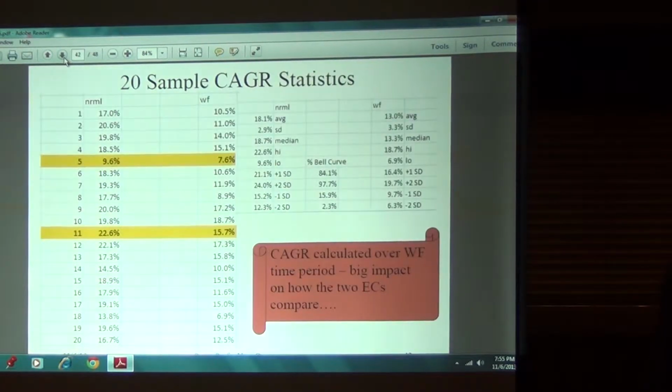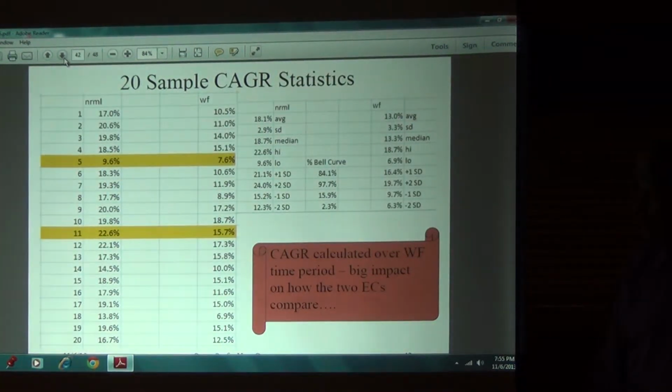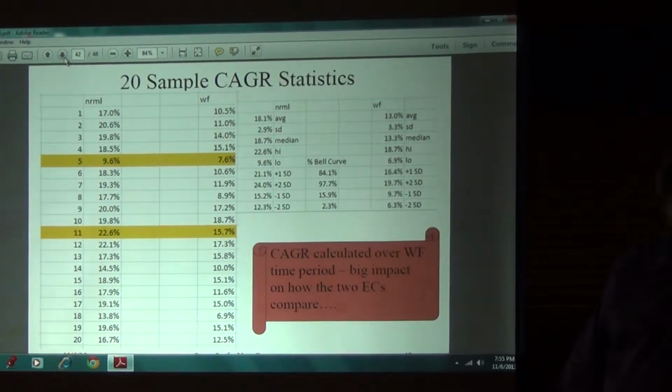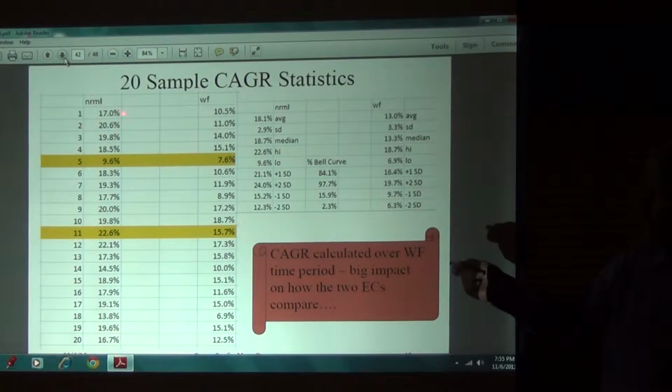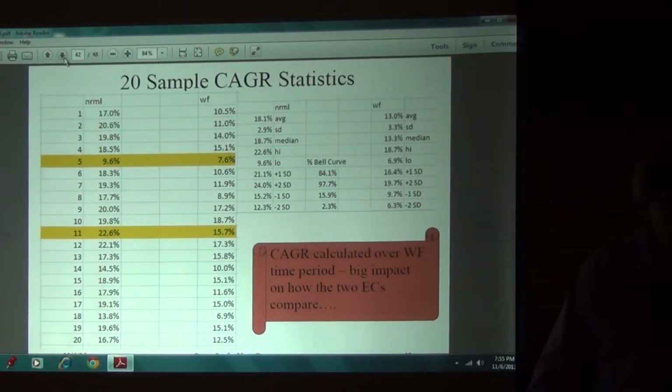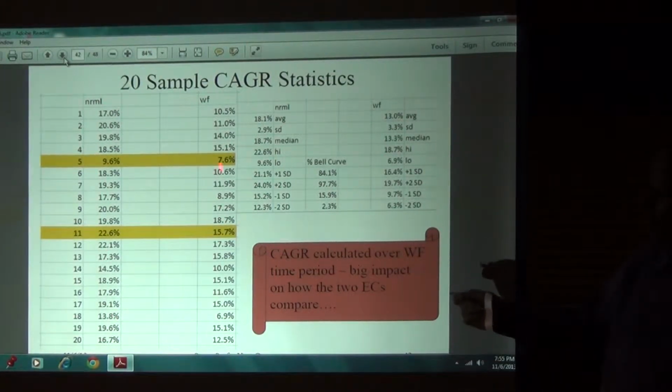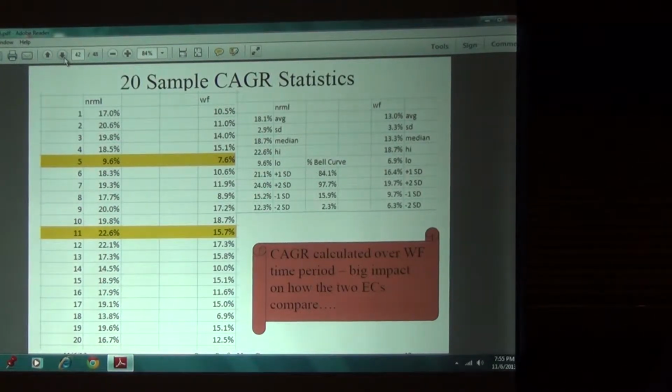Next slide. All right. So here's the end result of the 20 samples I took. This is the worst one right here, and this is the best one right here. You can tell because the numbers are there. This is the normal part of SectorSurfer, i.e. the way you normally run it, and this is with walk-forward testing. The reason these numbers, in general, don't match up with what SectorSurfer tells you is because I went back and only compared the period where you were doing walk forward.